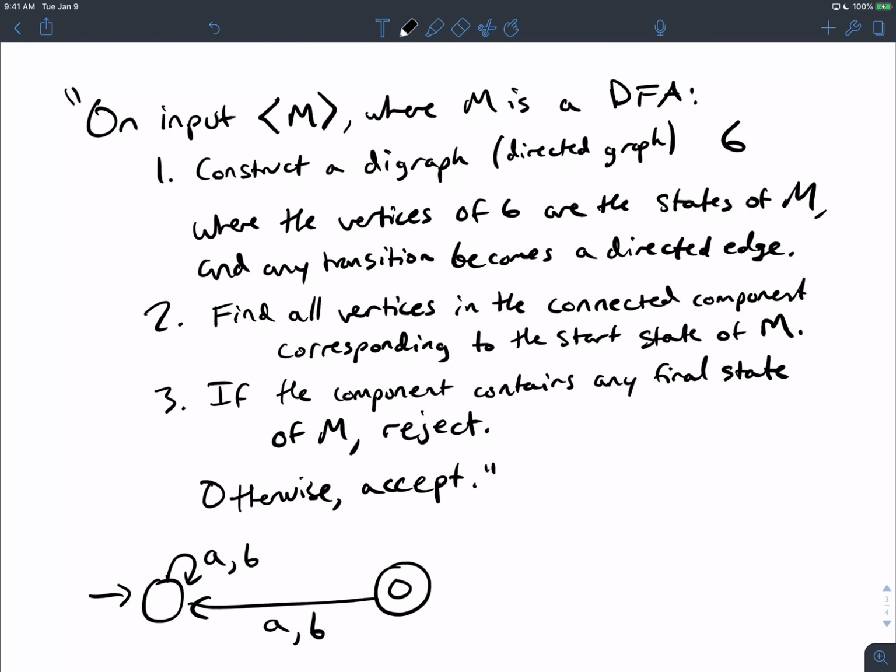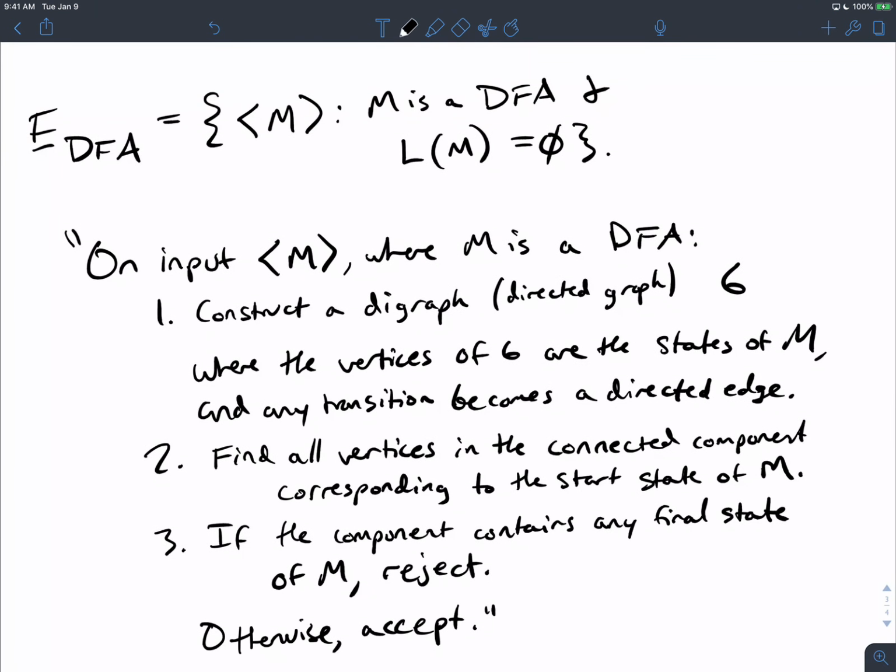Okay, so what do we then know about EDFA? What can we determine? It's decidable. So can you give me a brief explanation as to why it's decidable? Well, if all 3 steps take a finite amount of time, then we're okay. So does step 1, making the directed graph, take a finite amount of time?